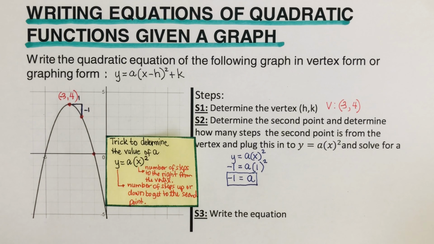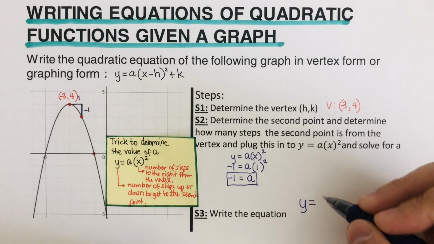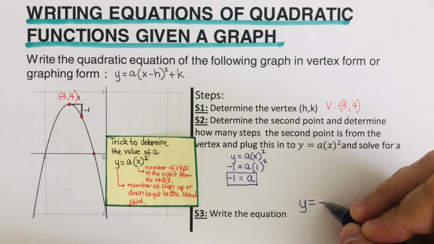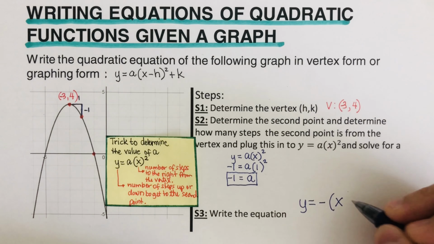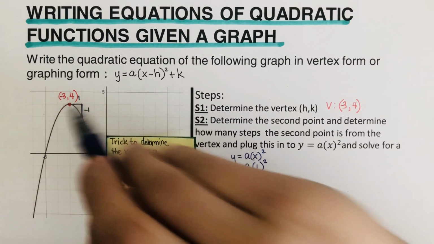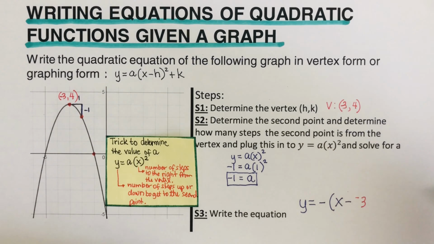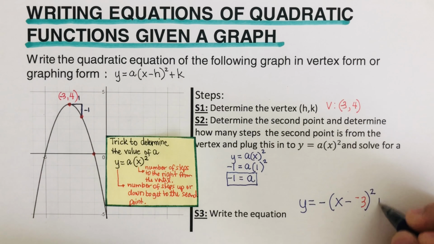So from here, we can already write the equation. We're done. The equation is y equals a, which is negative 1, so I can just write the negative there, I don't need to put the 1. Then parentheses x minus h, where h is negative 3, so I write negative 3 right here, squared, plus 4.